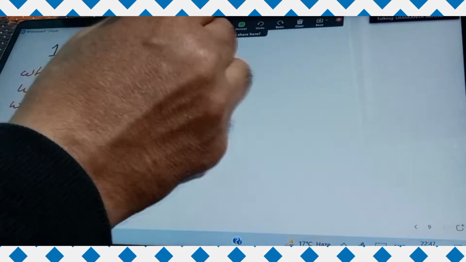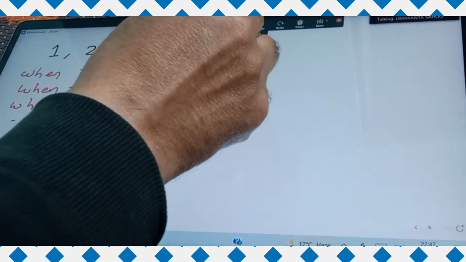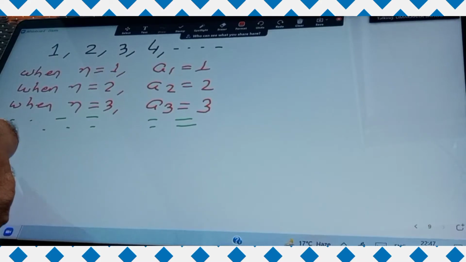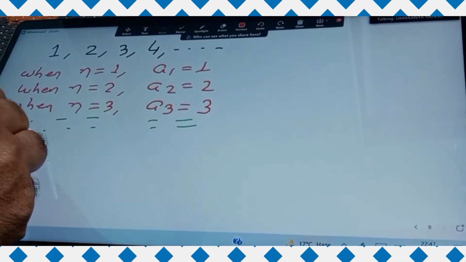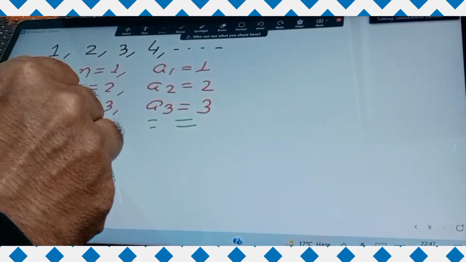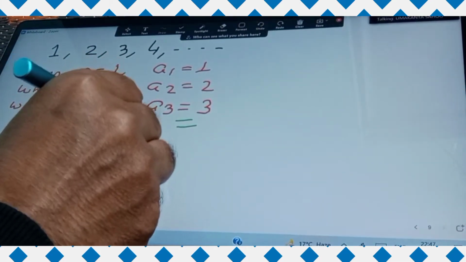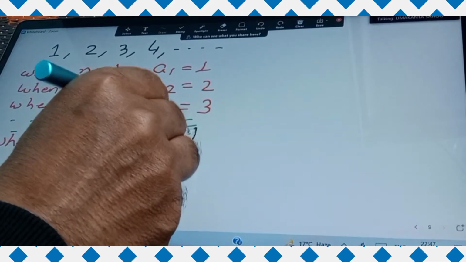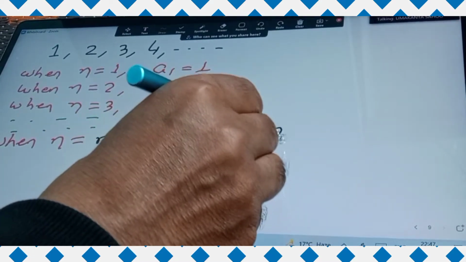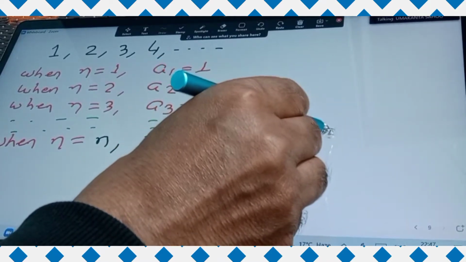If you proceed in a similar manner, when n is equal to n, we shall get the nth term, which is denoted by the letter an. The value will be n.